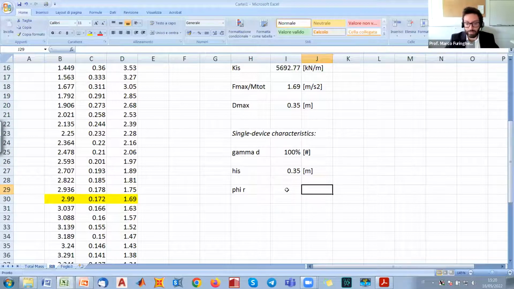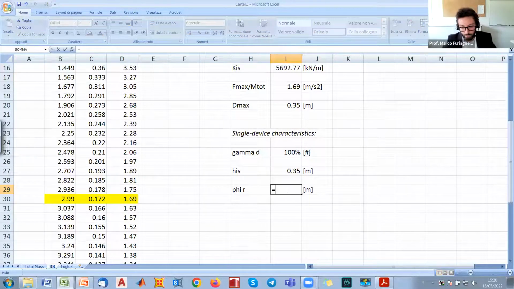Then we can compute the planned diameter of the isolator, which is just twice the displacement. Since we have assumed 100% of lateral shear strain, we can also assume twice the height of the isolator.